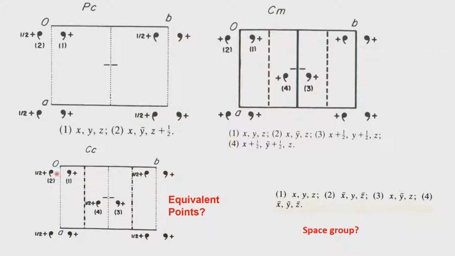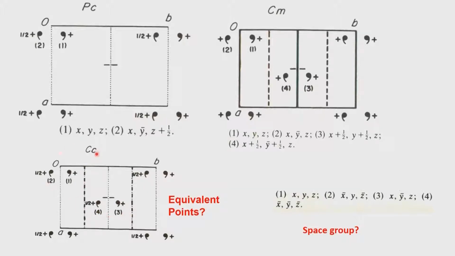But suppose you are given only these equivalent points, in principle one should be able to get to the symmetry operations. One should also be able to get to the equivalent points once we are given the symmetry diagram, and that is what you will find when we go and discuss the international tables later on. But at this particular moment, suppose you are asked to find out the equivalent points, how would you go about it? Of course, I have already marked 1, 2, 3, 4 for your convenience.